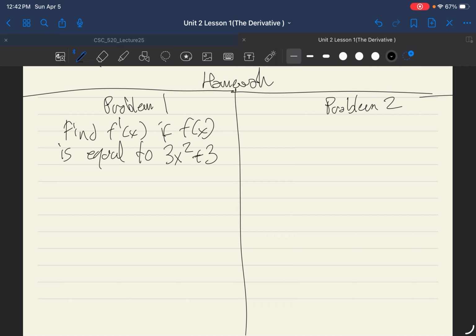All right? And then find dy dx at a point x equals 2 if y is equal to x cubed. All right. So do these 2 problems, and this is your homework.